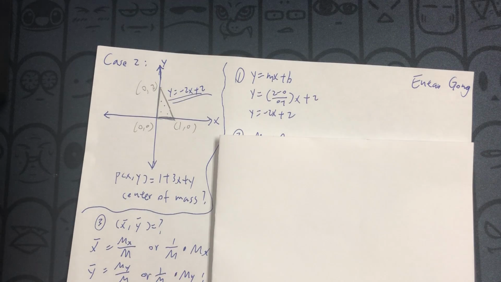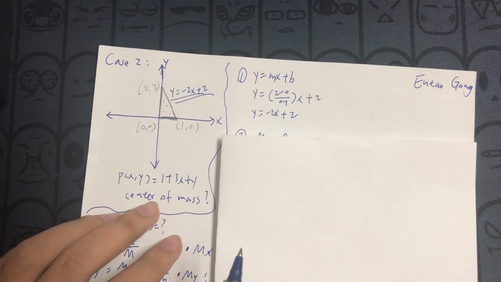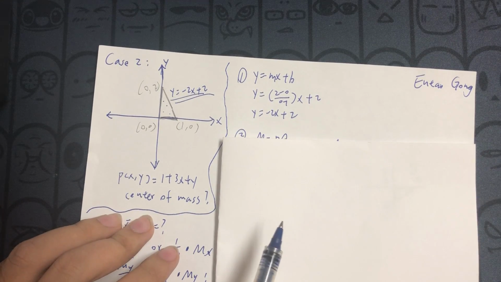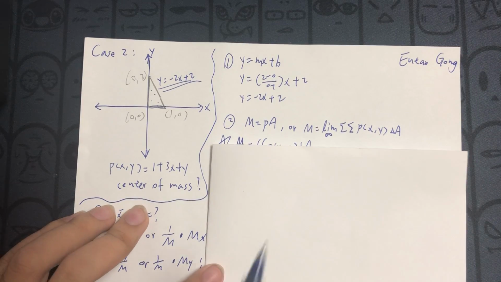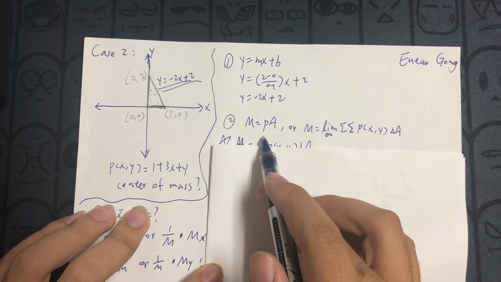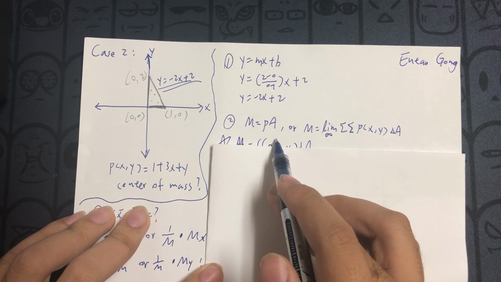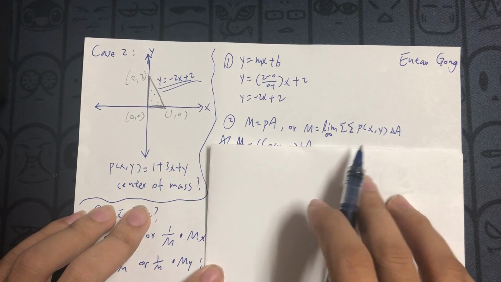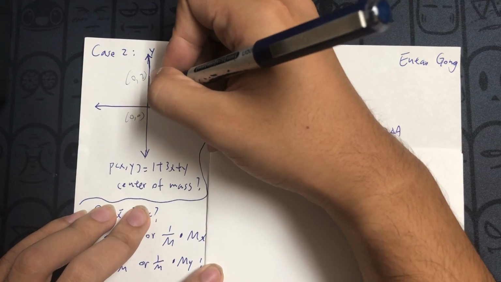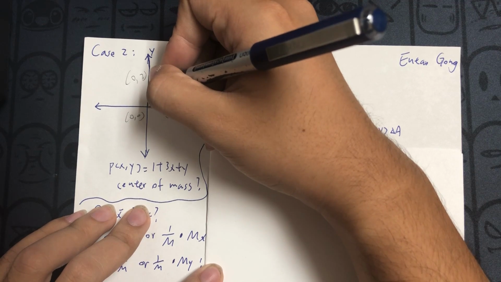So to find the center of mass, we need to find the mass first, the mass of the triangle. For mass, the equation is mass equals density times area. But from here, we need to use the fact that there are a lot of rectangles that make up the triangle.